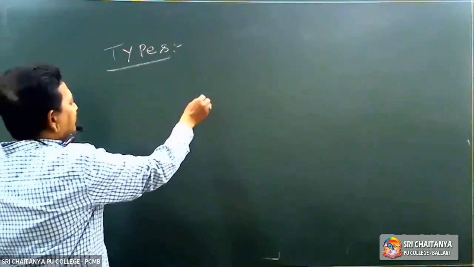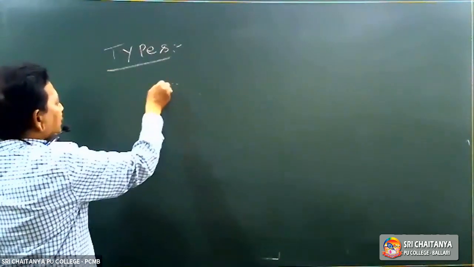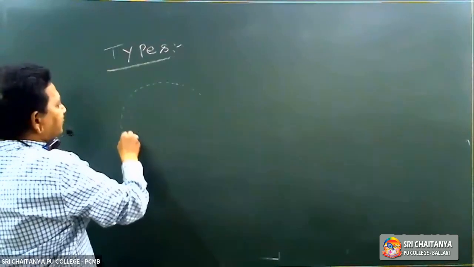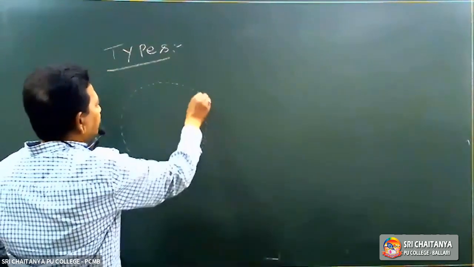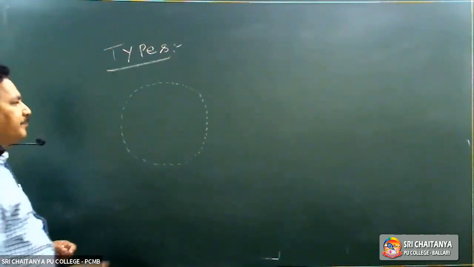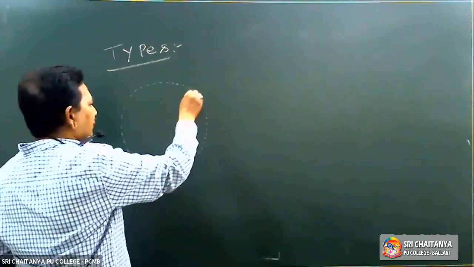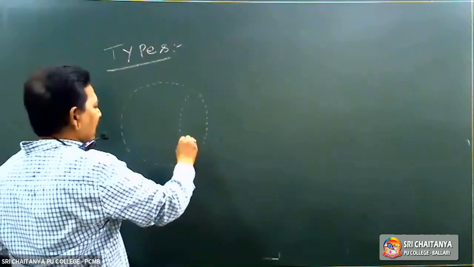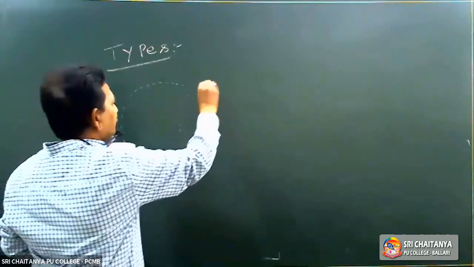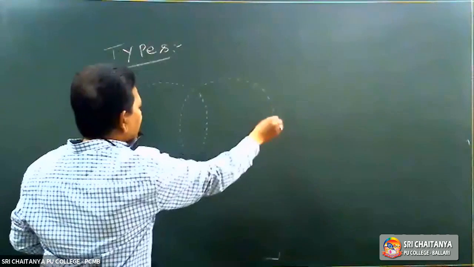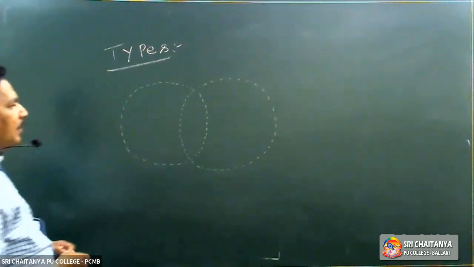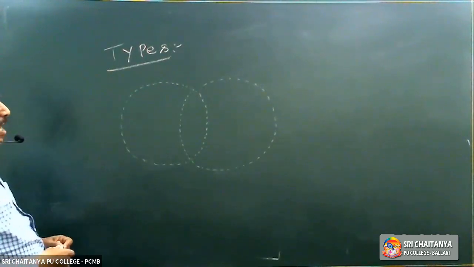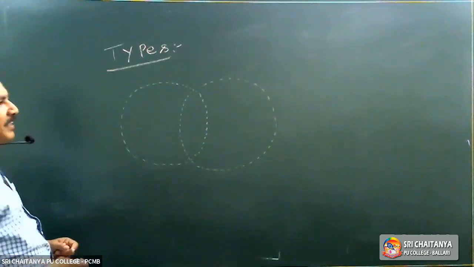Let us imagine there are two spheres. This is one sphere. This is another sphere. The two spheres are intersecting with each other.